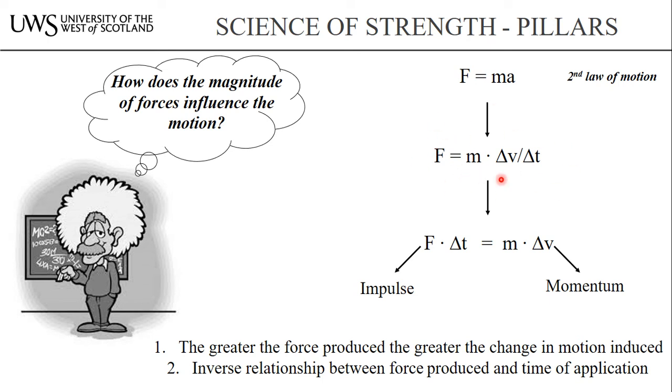Following this step, we can actually move the delta T component to the left hand side of the equation, and we are going to consider the second law of motion as the relationship between the impulse and momentum.